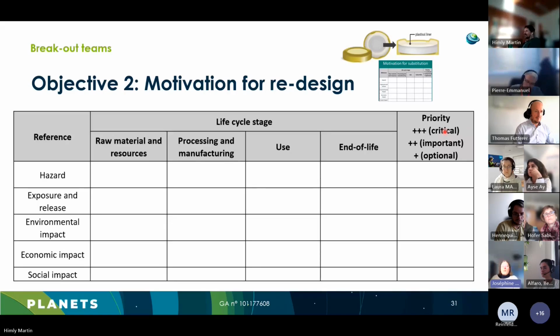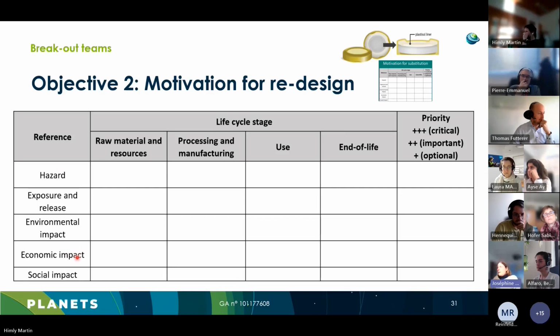And Norbert also reminds you that the scoping phase is the place to think already about the multi-criteria approach and the benchmark we will perform during the assessment. So during this exercise, you are asked, based on the case study information you have, to identify why we want to substitute DEHP for each dimension: hazard, exposure and release, environmental impact, economic and social, and for each life cycle stage.